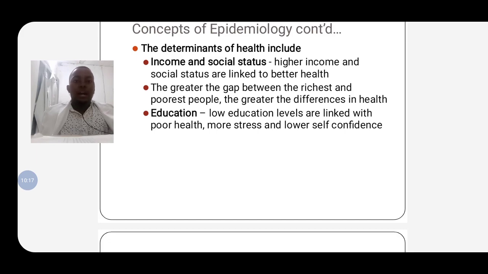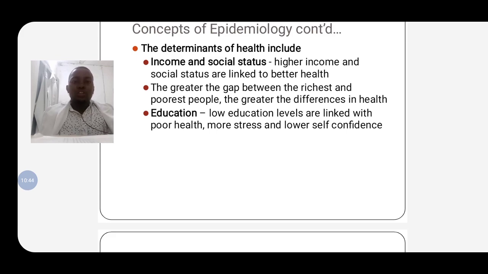Kwa mfano tunapozungumzia income and social status in a determinant of health, so we say that higher incomes and the social status are linked to better health. The greater the gap between the richest and the poorest people, the greater the difference in health. Kwa hiyo tunapozungumzia incomes and the social status, namna ambavyo CV yako uliyokuwa nayo katika jamii inayokuzunguka, lakini vile vile kipato chako.